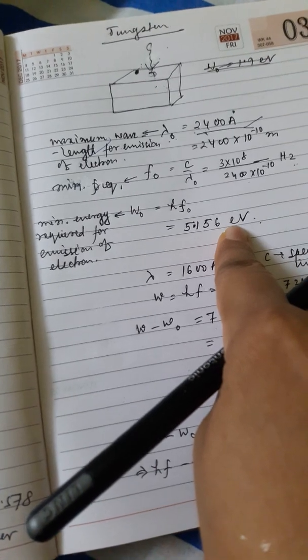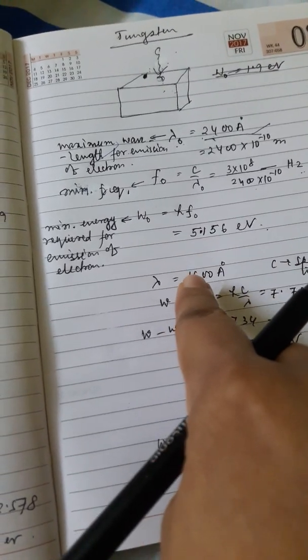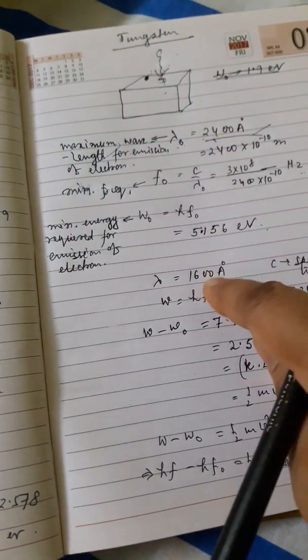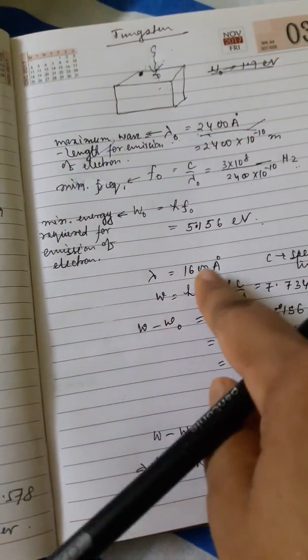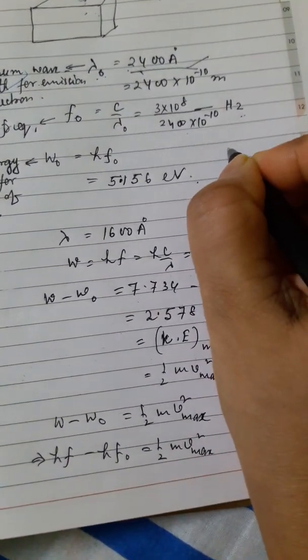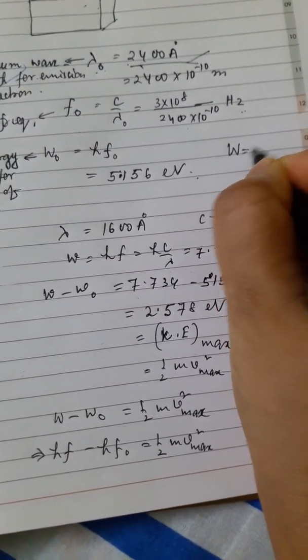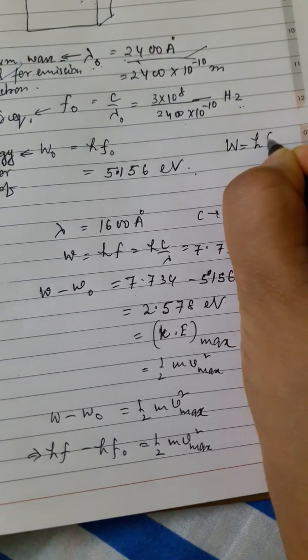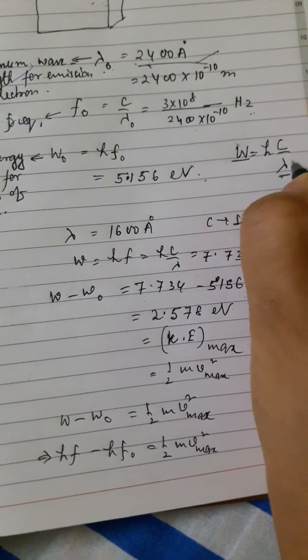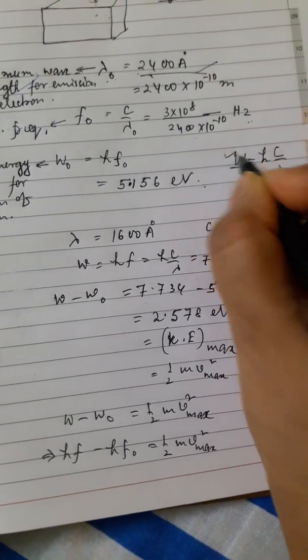Now, if the wavelength of the incident light is less than this, then the energy will be more, because what is the formula for energy? Energy E or W, anything you can write, hc by lambda. They are inversely related. So, if wavelength is less, energy will be more.